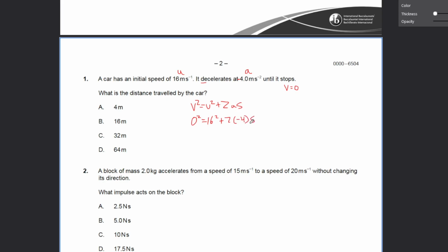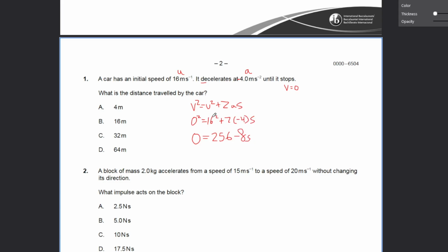And then we have s, which is what we're trying to find. 0 squared is 0. 16 squared is 256. And then we have 2 times -4, so -8s.